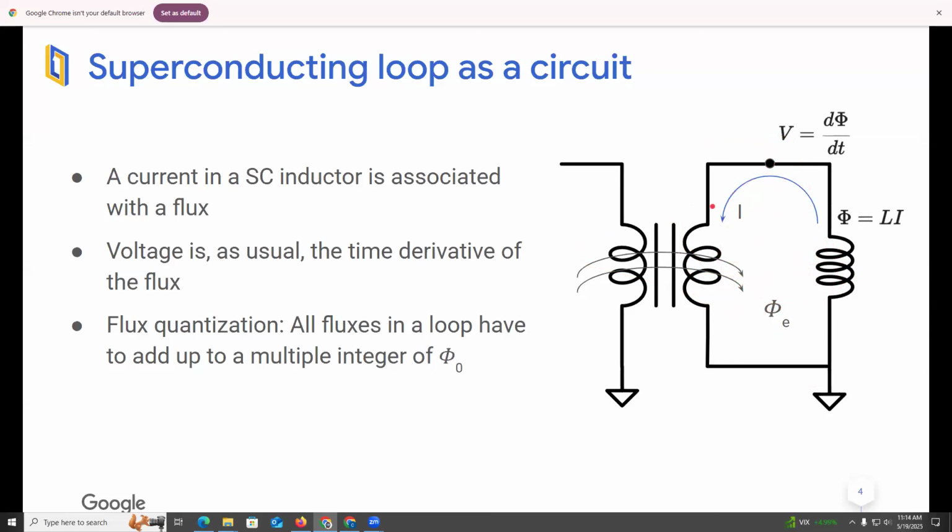Okay? So the circuit simulator will attempt to solve this. It can choose whatever it wants, and it will. Okay? So we have to try to tell the simulator how to think about flux quantization.